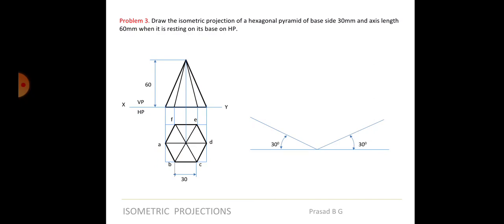Rather, what I am saying is, before drawing itself, if you could convert this 30 into ISO, that is 30 into 0.8164, or you have the isometric scale, isn't it? I have already explained that, 45 degree and 30 degree. So there, in 45 degree you have 30 and you take the projection and take the distance at the 30 degree.